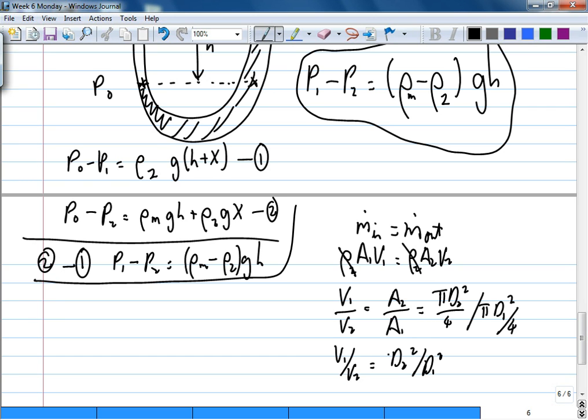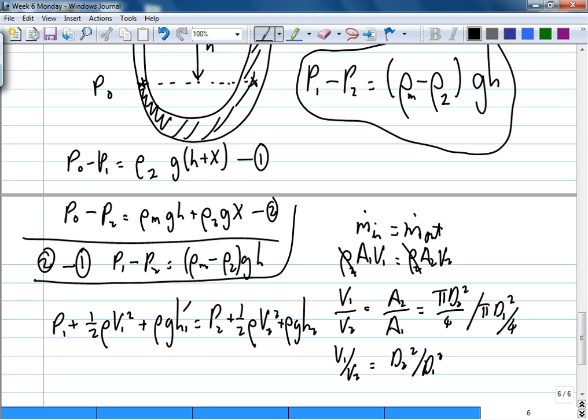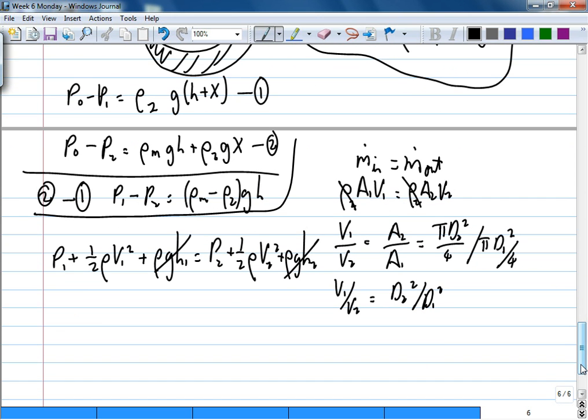So that's the first equation, V1 over V2. The second equation is Bernoulli: P1 plus half rho V1 squared plus rho GH1 is equal to P2 plus half rho V2 squared plus rho GH2. You cancel out the height terms because it's the same height. What can we do now?